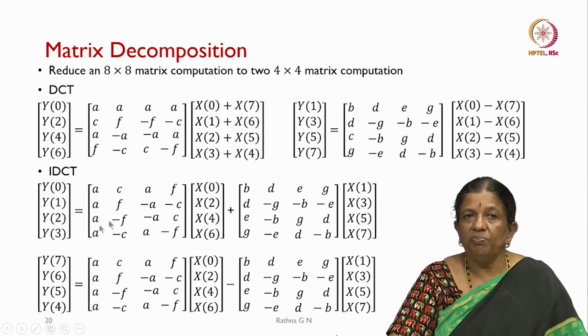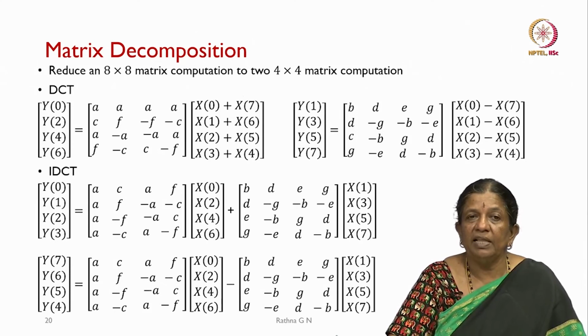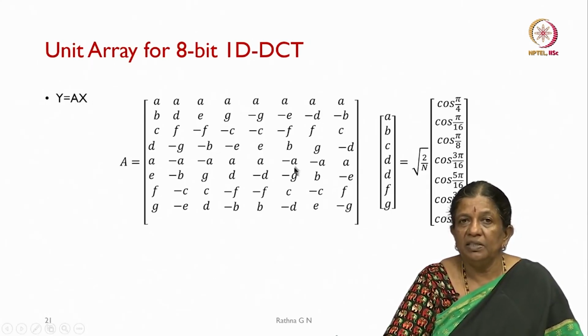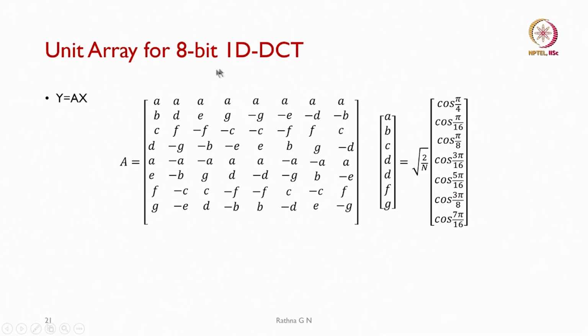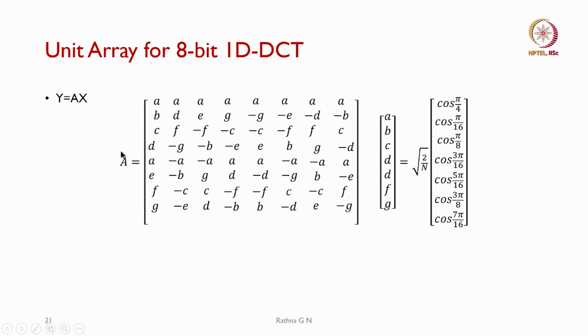So, this is how you would be reconstructing with the same coefficients, both in the DCT and in the inverse DCT. How are we going to do that? If you are putting the 8-point 1D DCT in this format, that is y is equal to our matrix A into x, the matrix with coefficients whatever we discussed in the previous one, that is ACF and then BDEG.